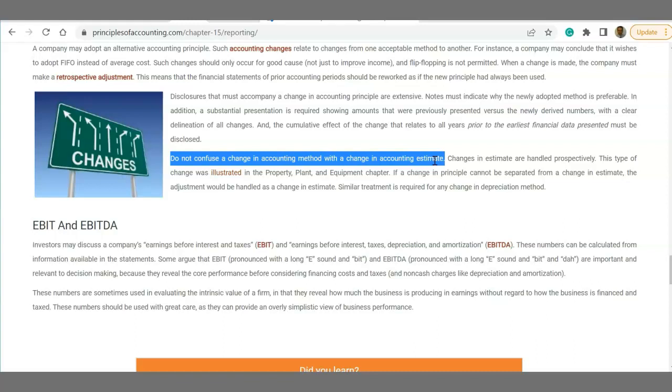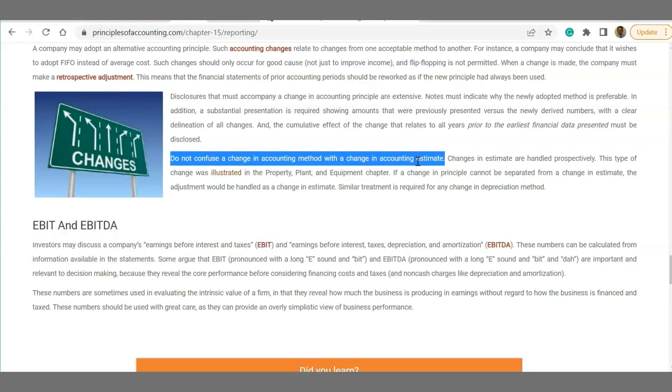You just need to go prospectively forward, and starting that moment, all your financial statements will be prepared based on that estimate. Let's say previously you estimated your useful life of the equipment is 5 years, but now you believe it is 7 years.